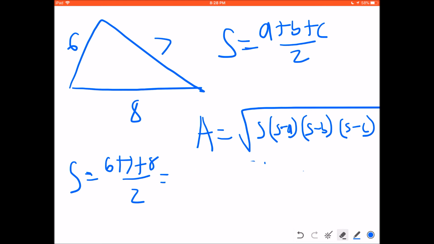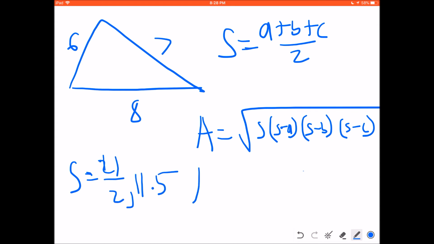So I'll erase all of this. Okay, this is super slow. And so the S is 21 over 2. So let's use the formula to try to find this.